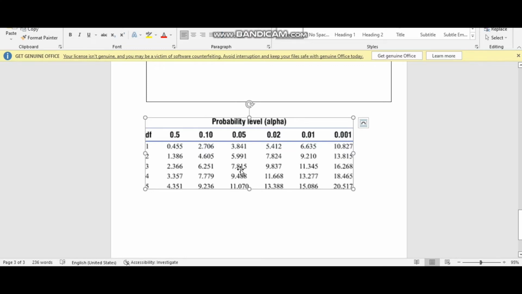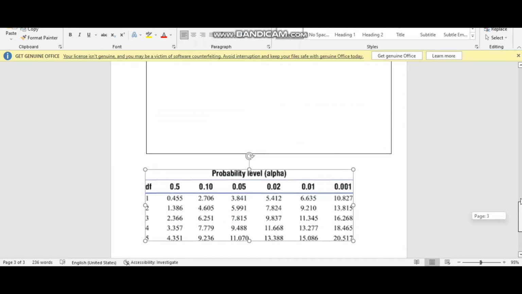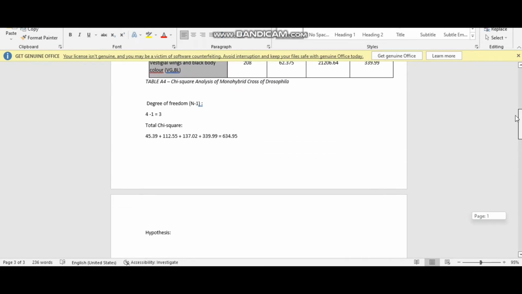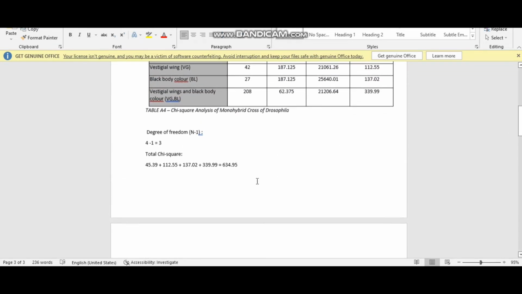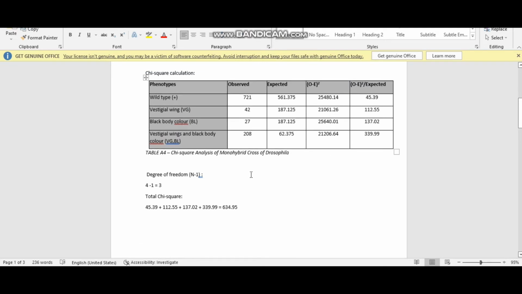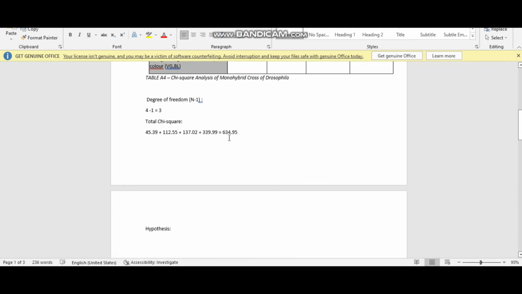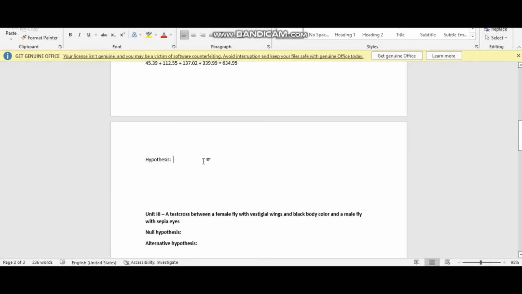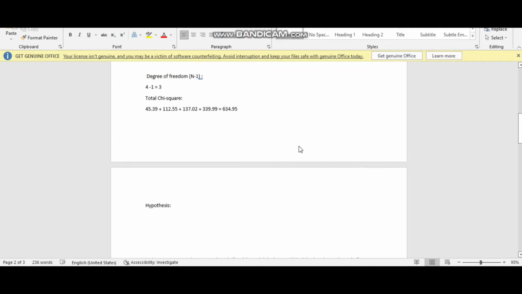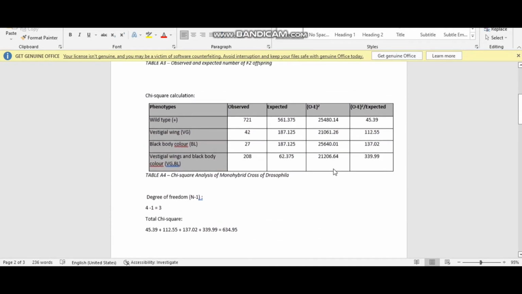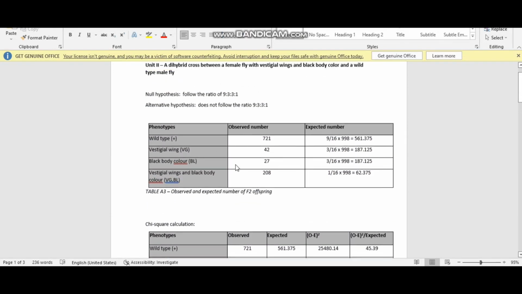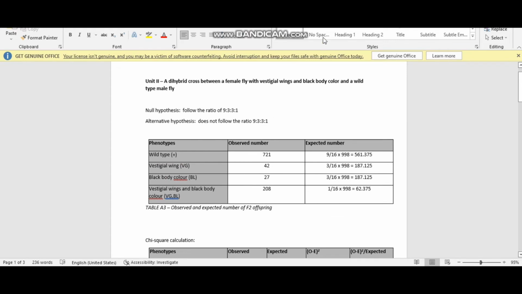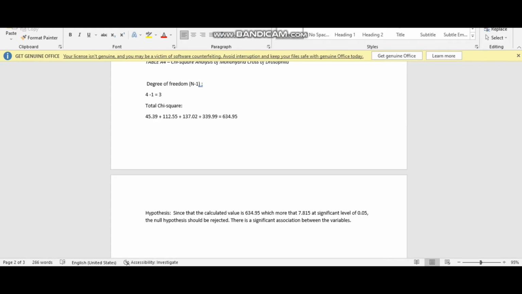So it is 7.815. So since our chi-square is 634.95, which is higher than 7.815, we are going to reject the null hypothesis, which is that this cross does not follow the ratio of 9 to 3 to 3 to 1.